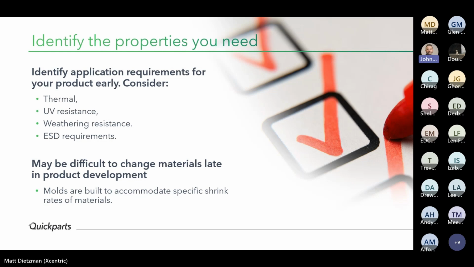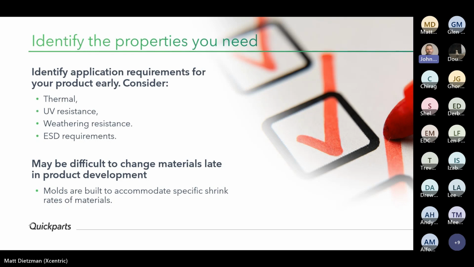All materials have a shrink rate, a unique shrink rate, typically, within the family. Different grades can have variations of a family, but if you're trying to move from, say, something like a nylon to an ABS, or from a polycarbonate to a polypropylene, you're going to see a big jump in your shrink rates.